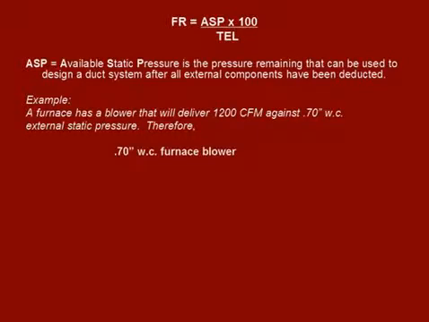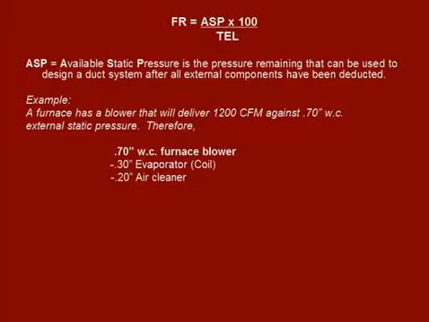So our blower can overcome 0.7 inches of water and still deliver 1200 CFM. Now, the evaporator coil, wet, has a 0.3 drop in this particular case. We have to subtract that from the 0.7. We're only left with 0.4. Well, you've got other components in there. You have an air cleaner that's imposing an external pressure.